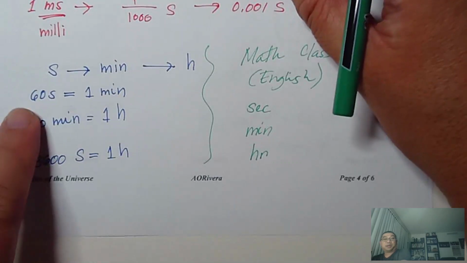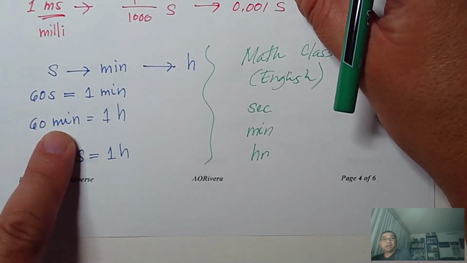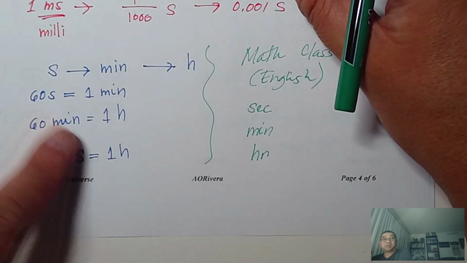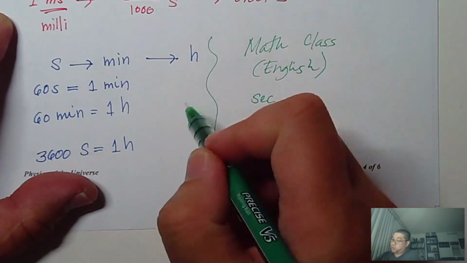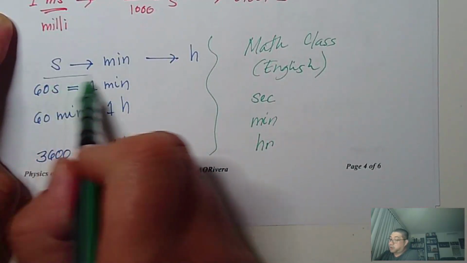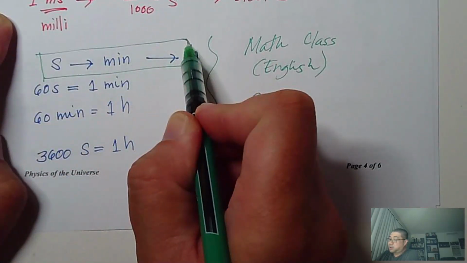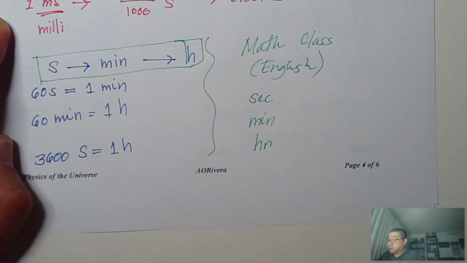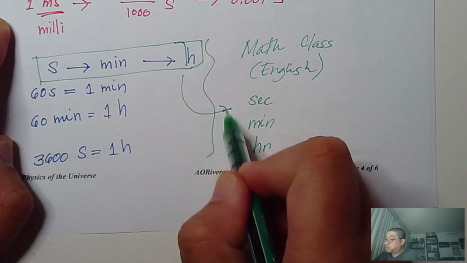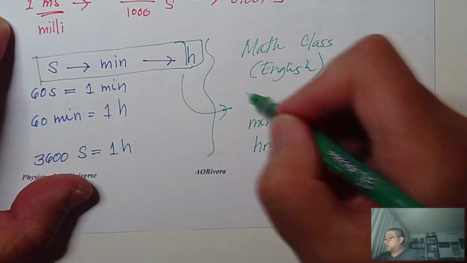So S, min, and H is for the metric system, compared to our English system.